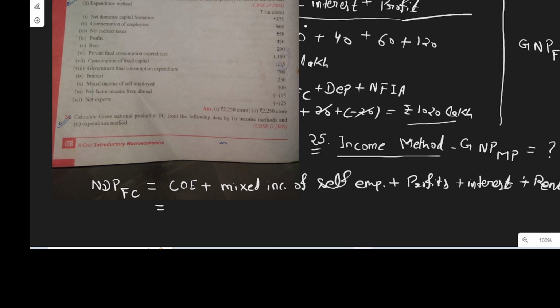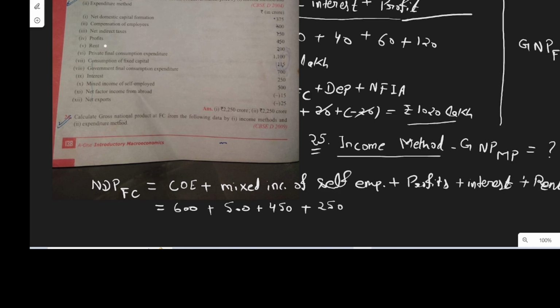COE, compensation of employees, is 600. Mixed income is 500. Profits are how much? 450. Interest is 250.